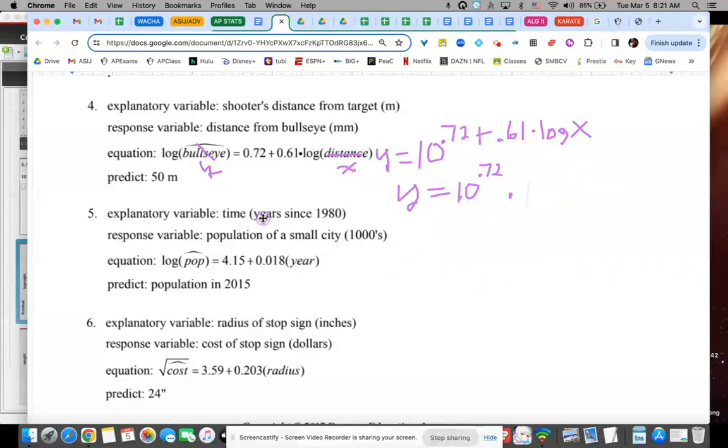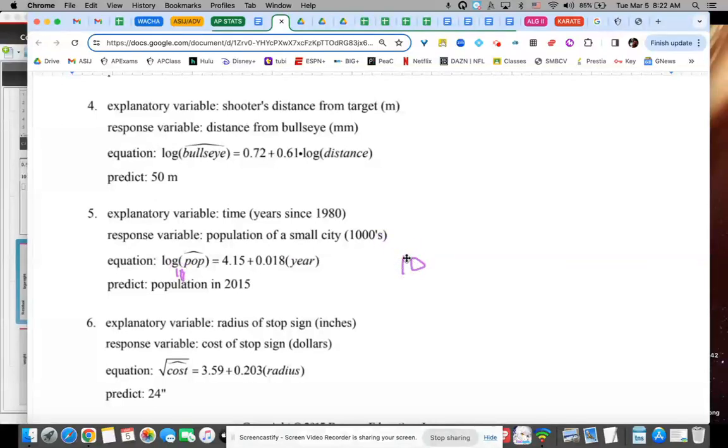If you have only a log on the left-hand side and not the right, like a log on the y but not on the x, you do that same algebra trick where I take the base 10 and roll the log, and then I separate it out. I'm going to do it really quick here. I go times 10 and separate it out again. 0.018, I'm going to raise that to the x, because if you have a power of a power, those multiply.